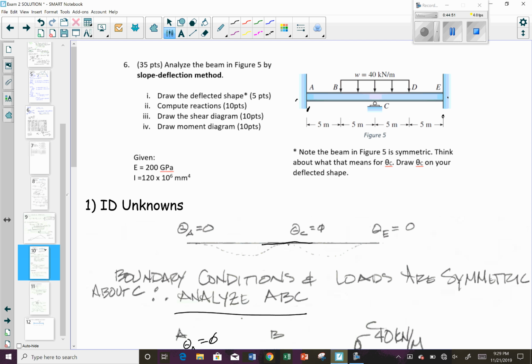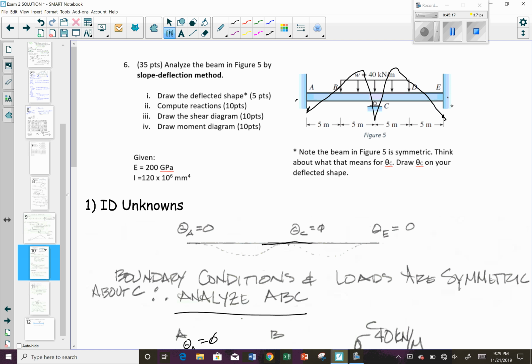I've got a moment at this face, and a moment at this face. The diagram is going to be straight because there's no load on it. Then as I've got this load applied, there's going to be curving until it comes down and then comes back up. And then it's straight till I go back down here.